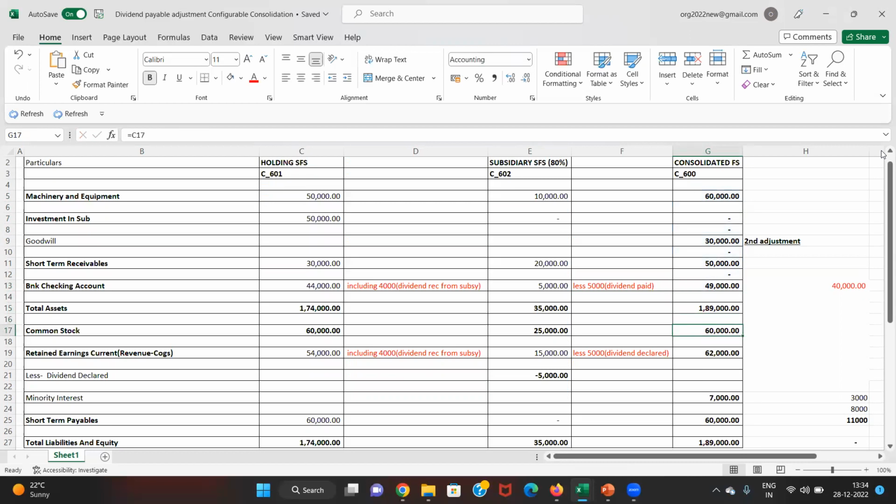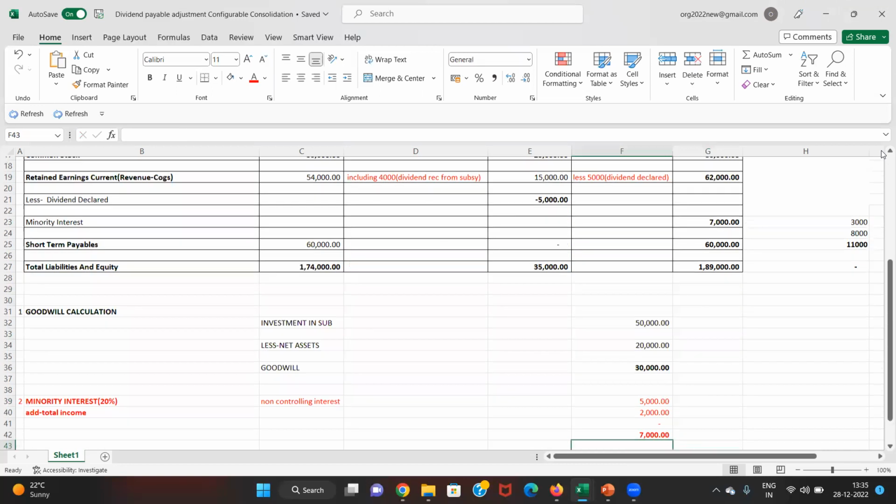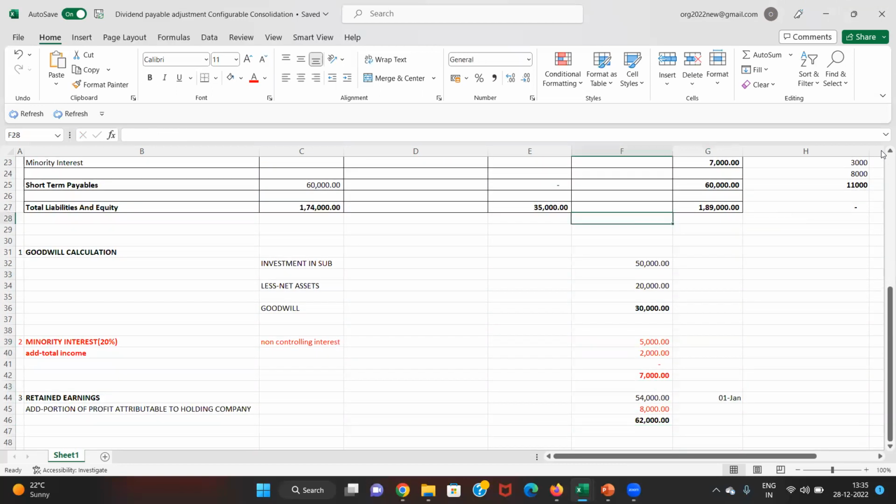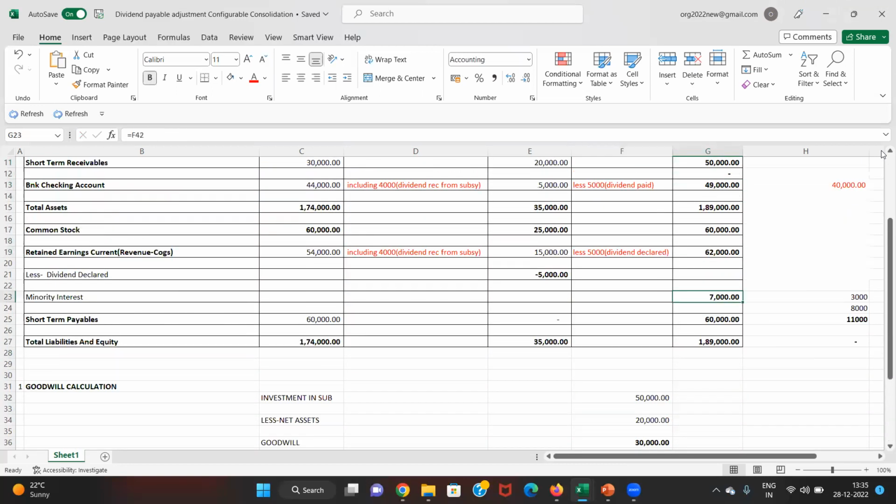Correspondingly, the common stock of the holding should only be taken, which is 60,000. The retained earnings should be 62,000 as calculated in our workings here. Then NCI or minority interest should be 7,000 as per our workings. Short-term payables are there only in the case of holding, so they will be rolled up as it is, and the total of the balance sheet should tally with 189.